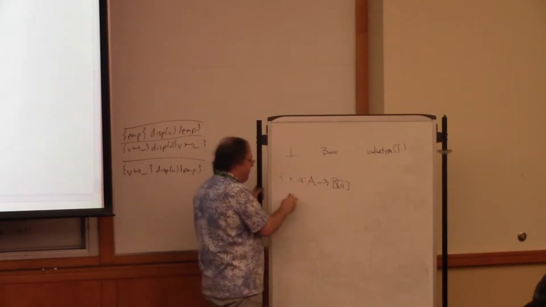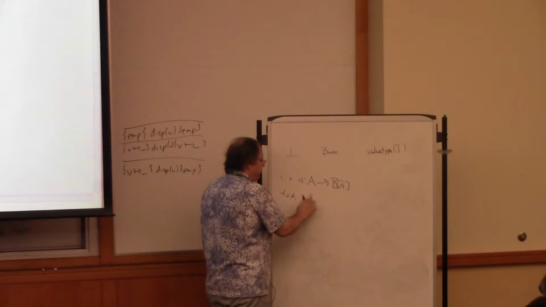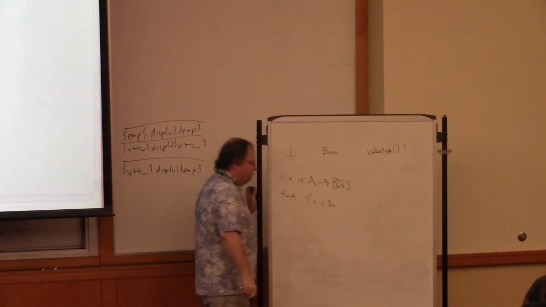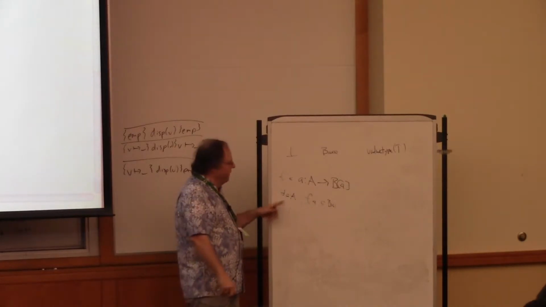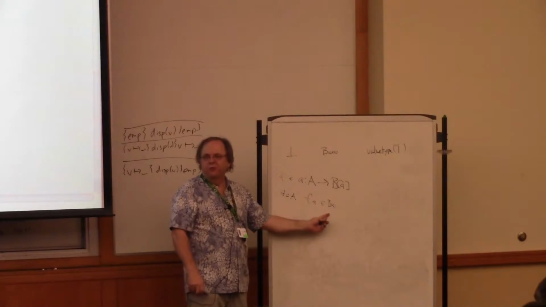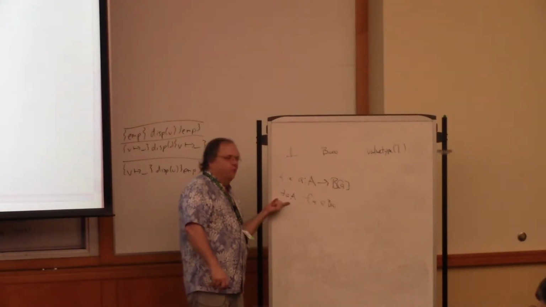So this should mean that f should be in here if for every a in A, if you apply f to a, you get something in B of a. And that's right. In particular, if A is void, this is vacuously true. If there are no members of A, then this would be vacuously true.